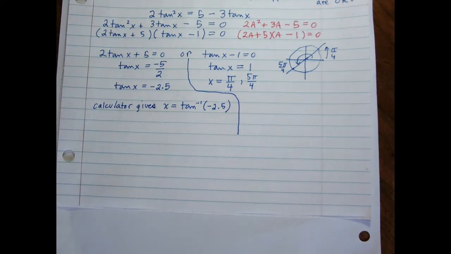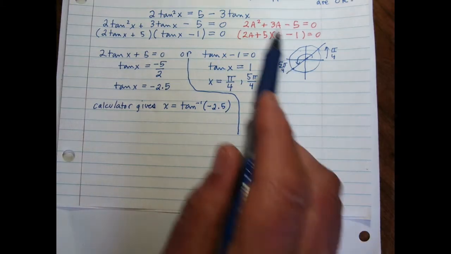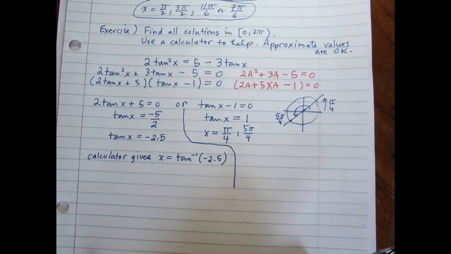2.5 negative, then I got to hit a shift key. Oh, and then I guess the question is, are we in degrees or radians? I guess I better be in radian mode, and I wasn't, so I got to do it again. Why radian mode? Because the directions refer to 0 to 2 pi.